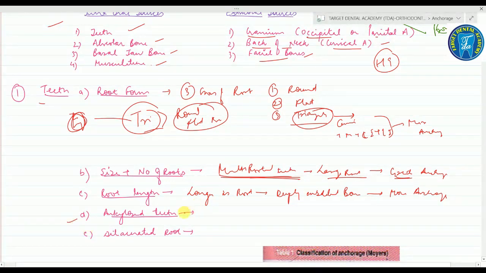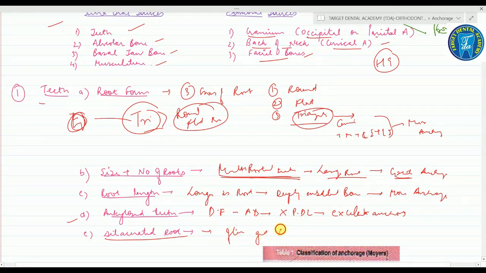Ankylosed teeth are directly fixed to the alveolar bone because they do not have a periodontal ligament. Therefore, they act as excellent anchors and provide excellent anchorage. Next are the dilacerated roots. These often provide greater resistance, therefore they are good anchors.